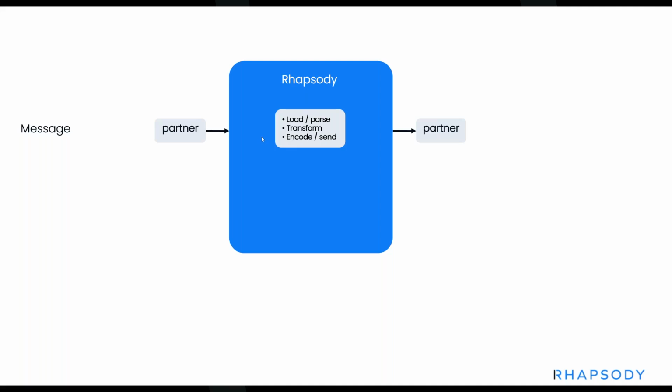We may check for required fields and act on that occasionally, but for the most part, we are accepting the message. Once this is an established interface, we're focused on this transformation before we send it out. We're not typically too involved in the response that we send back to the partner. Our engines are good at automating that part, and we don't typically worry about that in this type of interface.